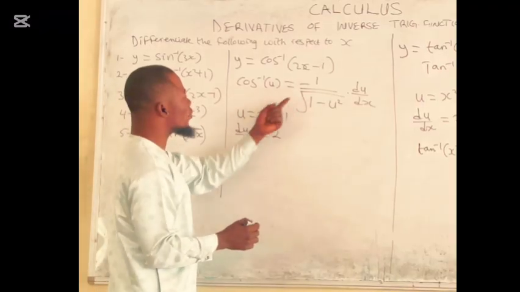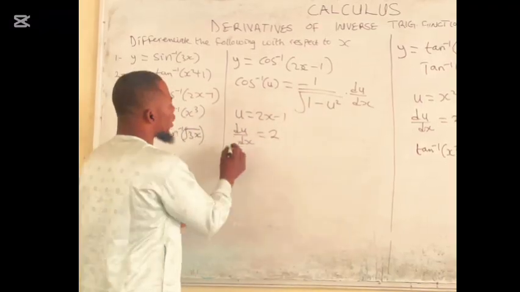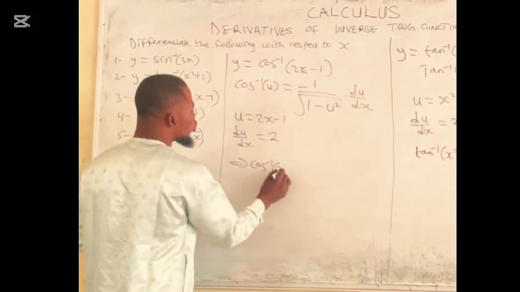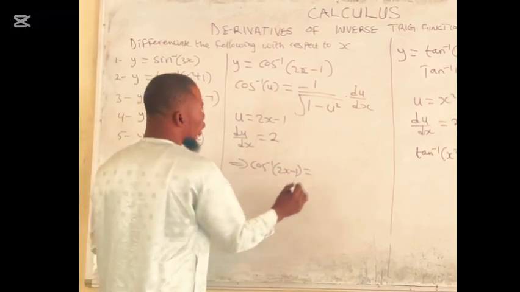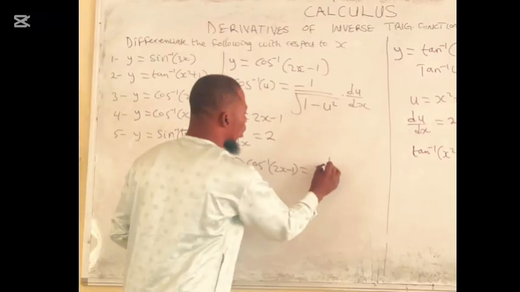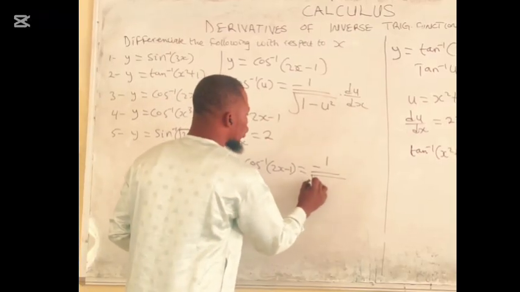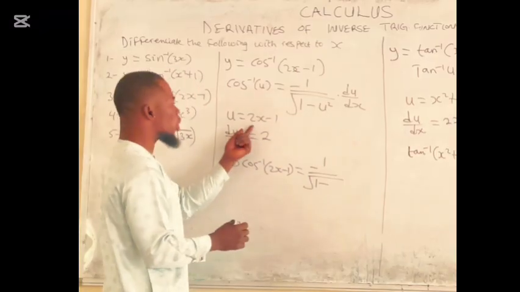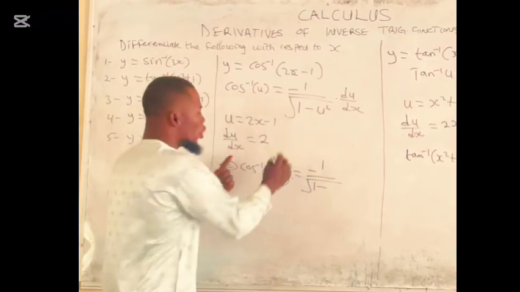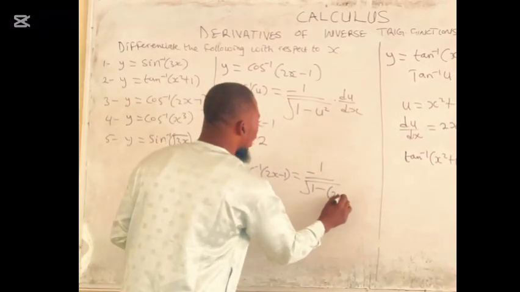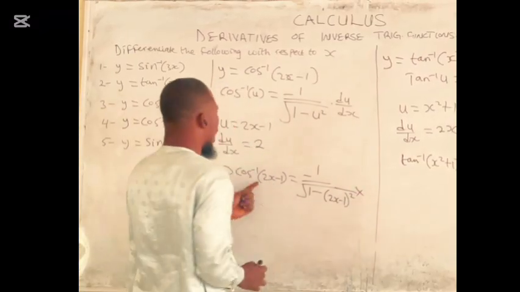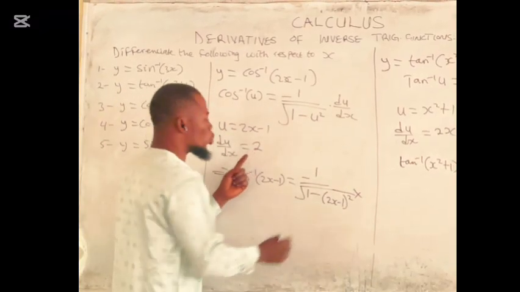So substituting everything back into the identity, the derivative of cos inverse of 2x minus 1 will be equal to minus 1 divided by the root of 1 minus u squared, but our u is 2x minus 1. So we have (2x minus 1) squared, multiplied by our du/dx, which is 2.